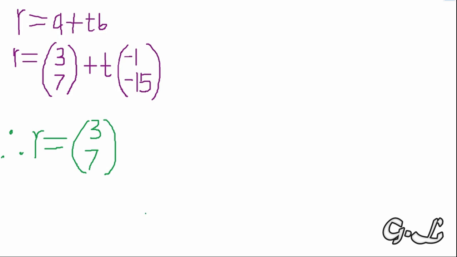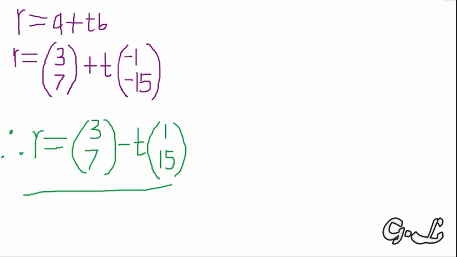To maintain the negative in the brackets, we can take the negative outside the brackets. So in such a case, it will be minus T, (1, 15), like that. So therefore R is equal to (3, 7) minus T (1, 15).